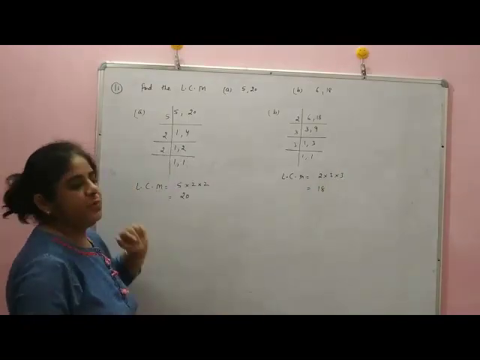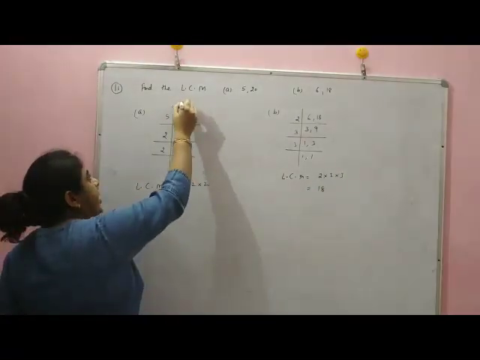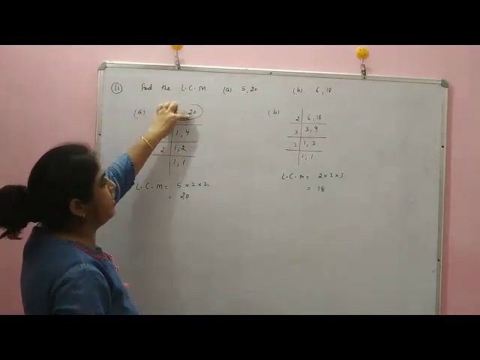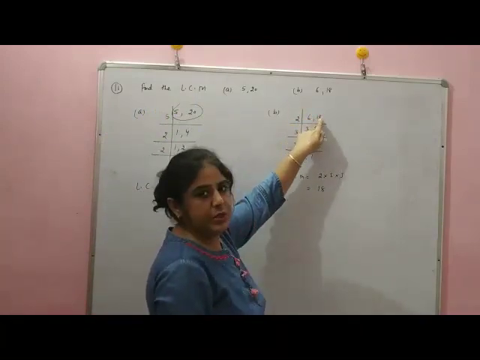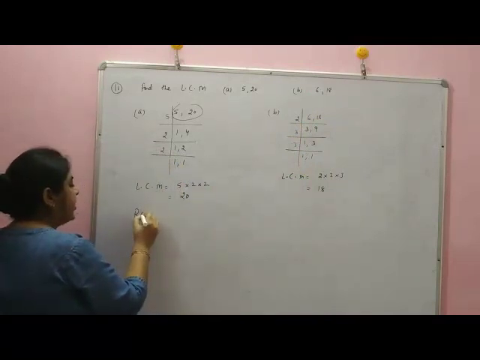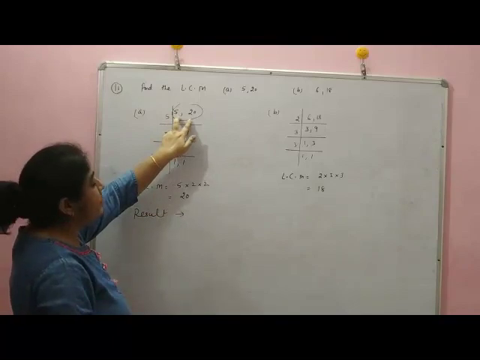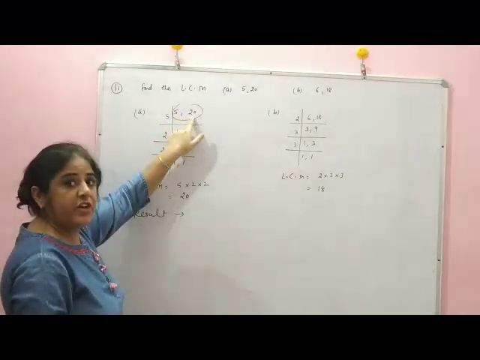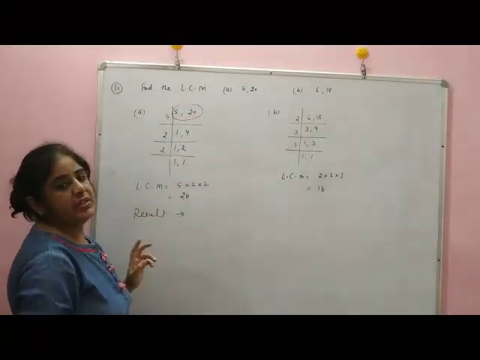Students, what we are observing from these two parts. See, in the first part, 5 is a factor of the other number. In this also, 6 is a factor of the other number. So what result we are getting here: if we are finding the LCM of two numbers, and one of them is a factor of another, then the larger would be your LCM.